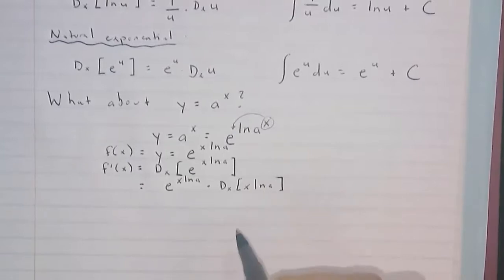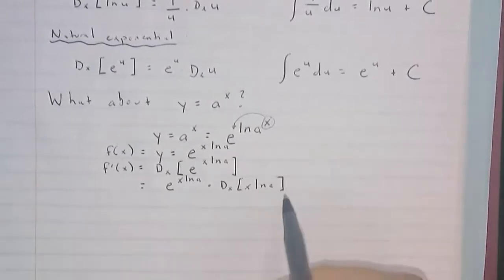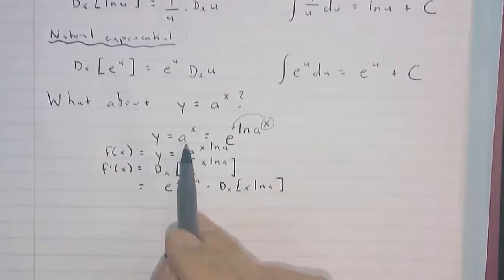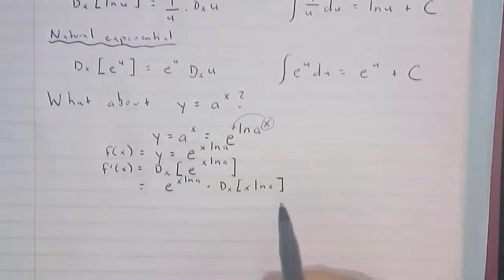What's the ln of a? More generally, a is just some base. Could be 2, could be 7, could be 18 million. So the ln of some constant is a constant. It's just a number.